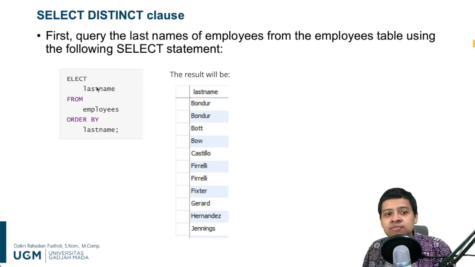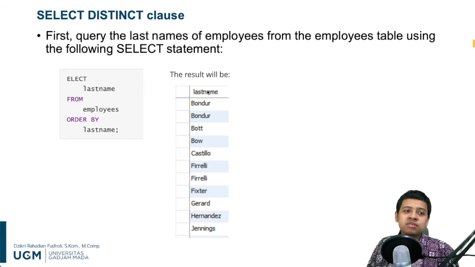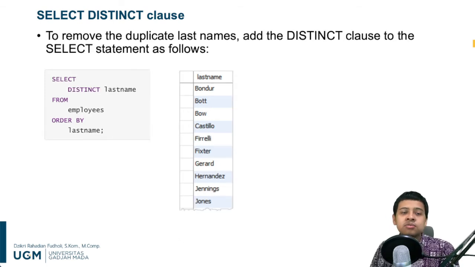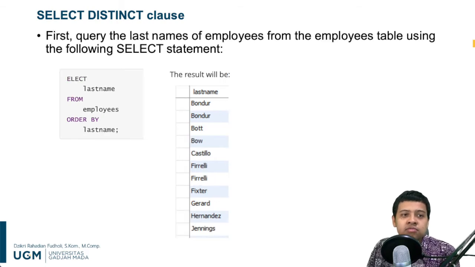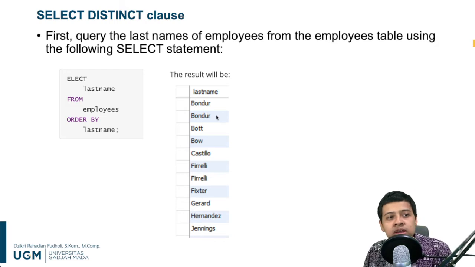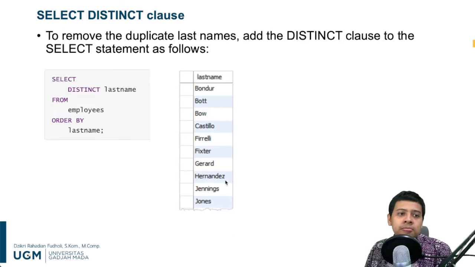So select last name, only last name, from employees ordered by last name. We want to order the names like this. This is without the distinct clause, and this is the one with distinct. As we can see here, Bondur came twice, Firrelli came twice. But if we use distinct, then Bondur comes out just once, and Firrelli also just once. So this is the distinct clause.